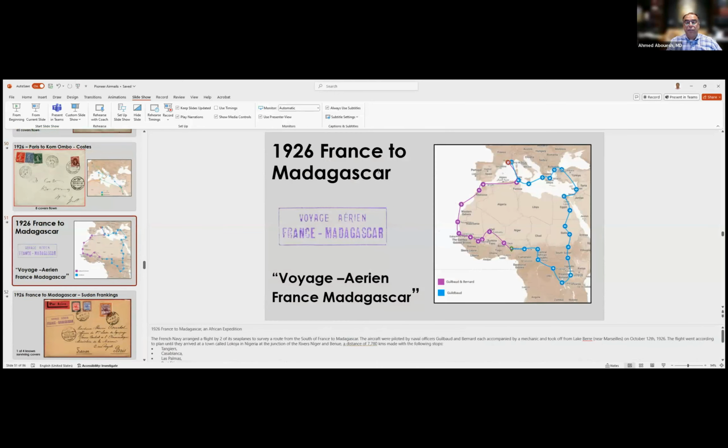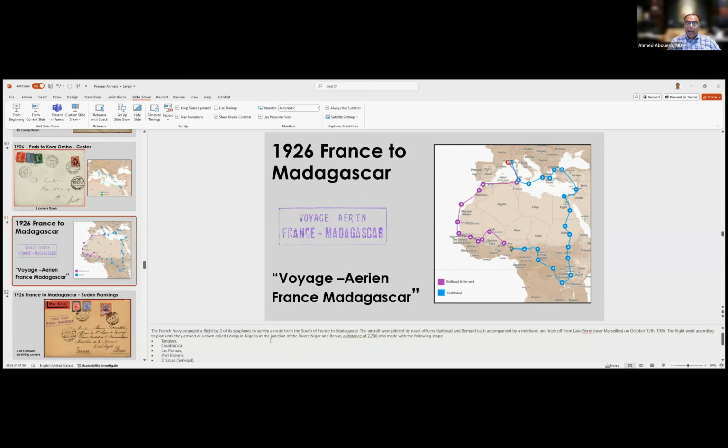Next is the France to Madagascar flight, originating in Marseille, two seaplanes flying down to Tunisia and then across West Africa, breaking down in Lokoja in Nigeria after flying 7,780 kilometers, making multiple stops along the way.